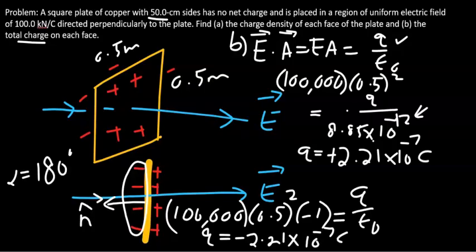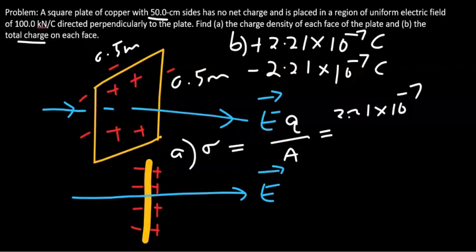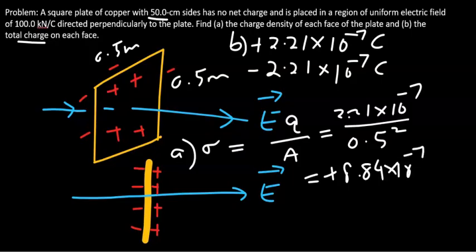Now we can determine their respective charge densities. Let's call it sigma. Charge density is given by the charge over the total area. So for the positive side, it's 2.21 times 10 to the power minus 7 over the area, which is 0.5 times 0.5, and that's going to give you positive 8.84 times 10 to the power minus 7 coulomb per meter squared.